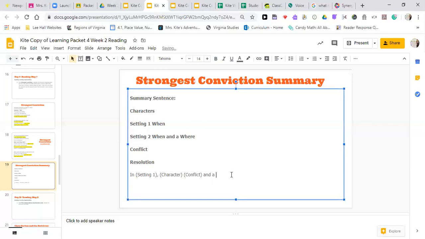And a few months later at setting 2, the resolution happened. All right, and that will give us our sentence. So in setting 1, character, conflict, and a few months later at setting 2, the resolution happened. If we can plug those in, we'll have a full summary sentence.